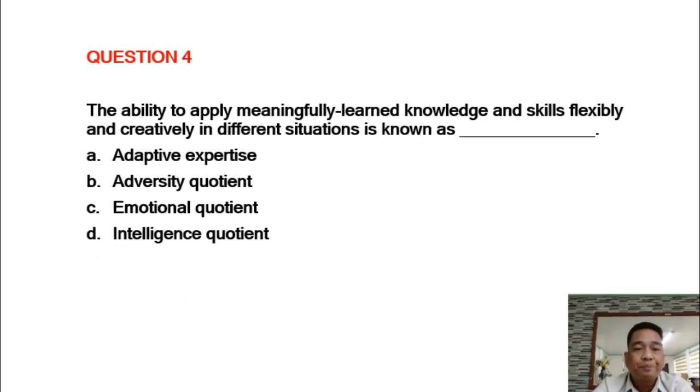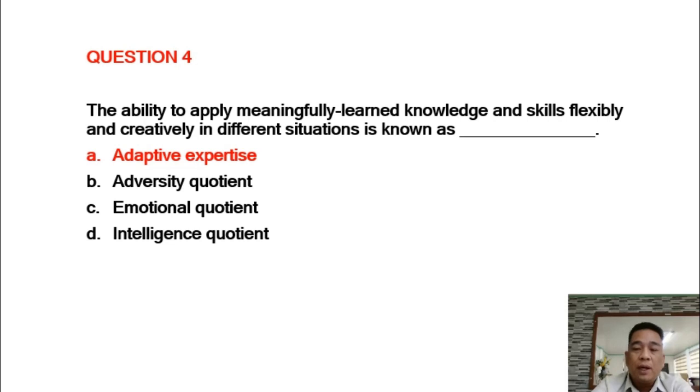Question number 4. The ability to apply meaningfully learned knowledge and skills flexibly and creatively in different situations is known as blank. For question number 4, the correct answer is adaptive expertise. This is the very basic na definition nitong tinatawag natin na adaptive expertise.